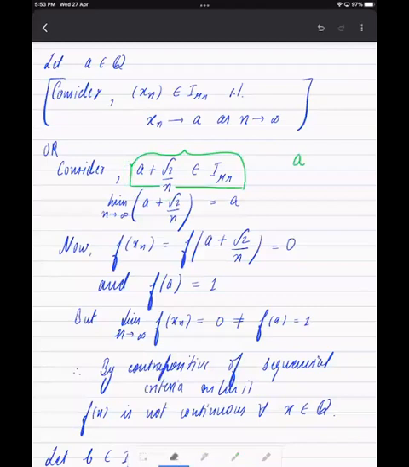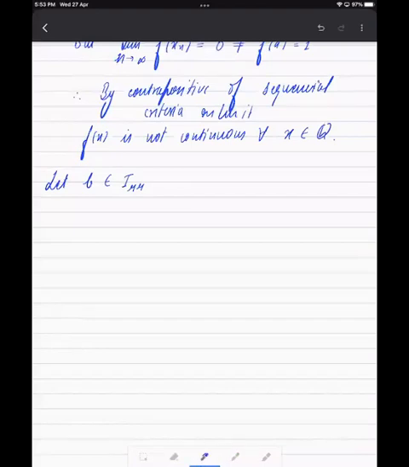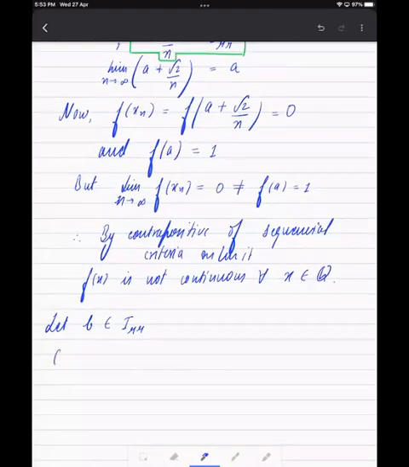Now the other way around. Now you have to find a sequence in rational that converges to it. So consider any idea, anything that you can think of.